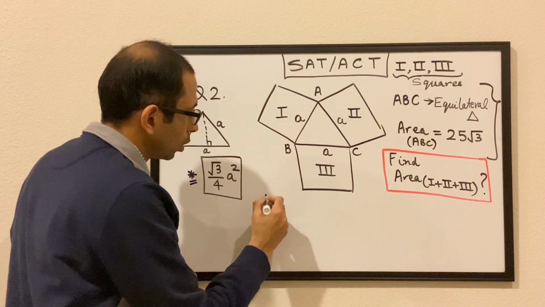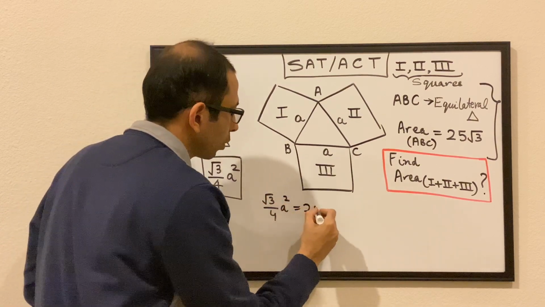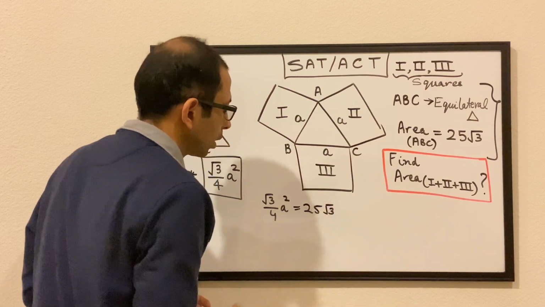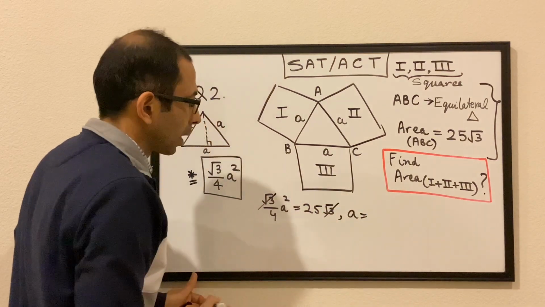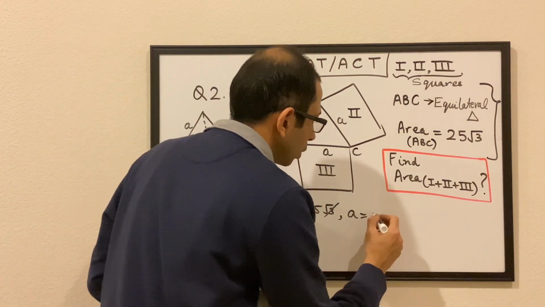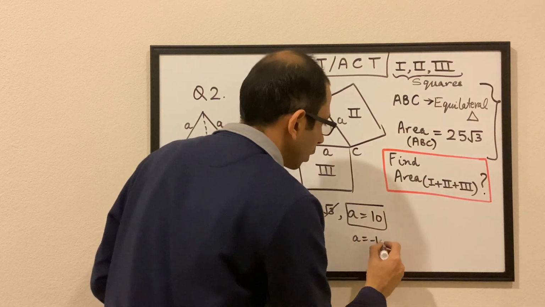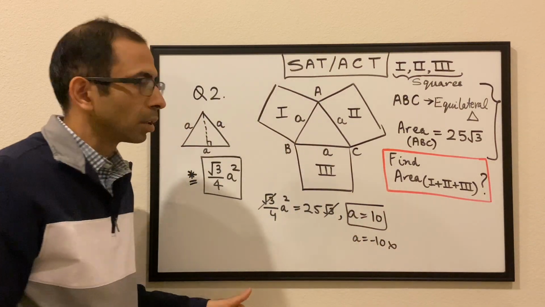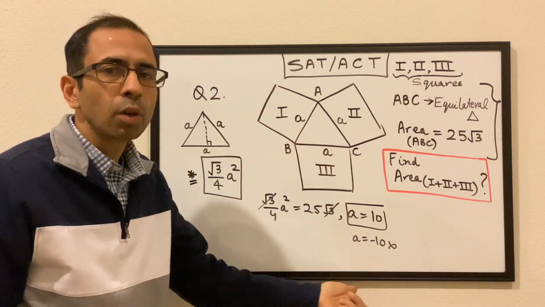Let's see. So root 3 over 4 A square is equal to 25 root 3, right, which gives you, root 3 cancels out, A square is equal to 100 and A is equal to 10. I mean, you will get A equal to minus 10 also, which you can discard because the side of the equilateral triangle cannot be negative, right?